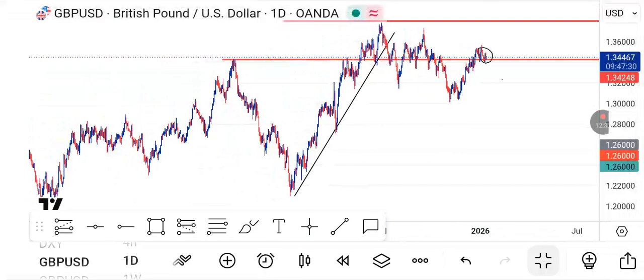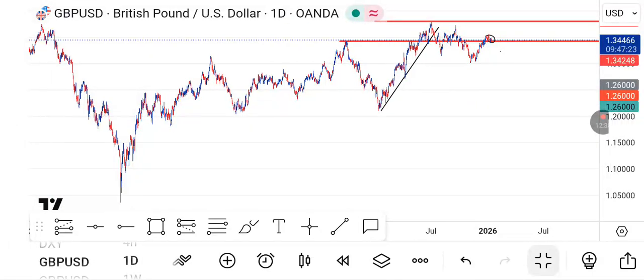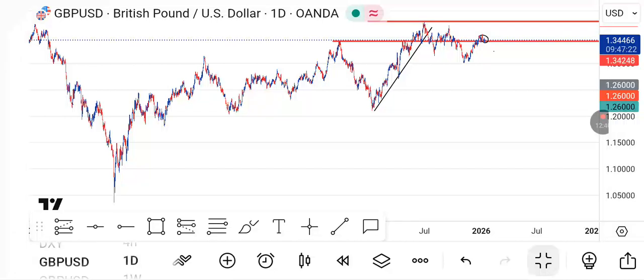That's a very simple way to run analysis on any pair like that. As I said earlier, from the higher time frame, which is the monthly time frame, you go to weekly, then to daily.